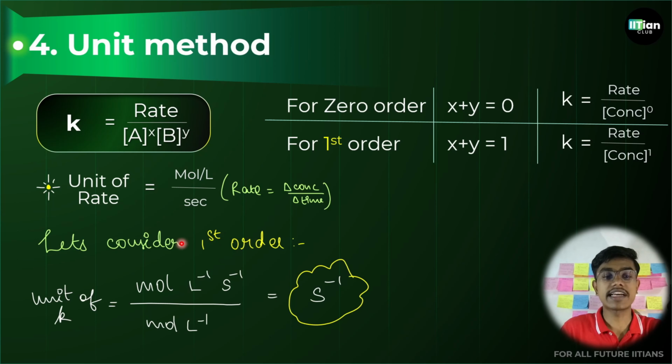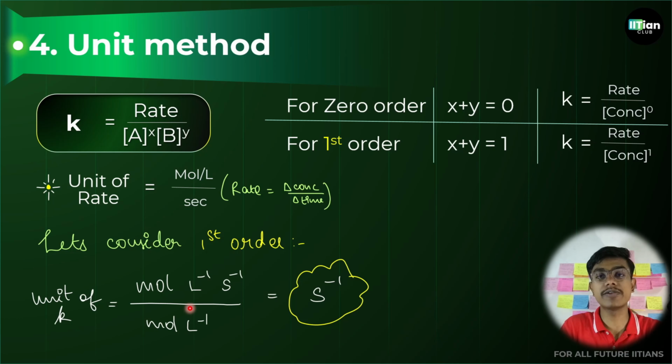Let us take the case of a first order reaction. In the first order reaction, the unit of the rate of the reaction is moles per liter per second. That we'll be applying here. And concentration of A, we know for the first order reaction, it is dependent on the concentration of A raised to the power 1. So it will be moles per liter.